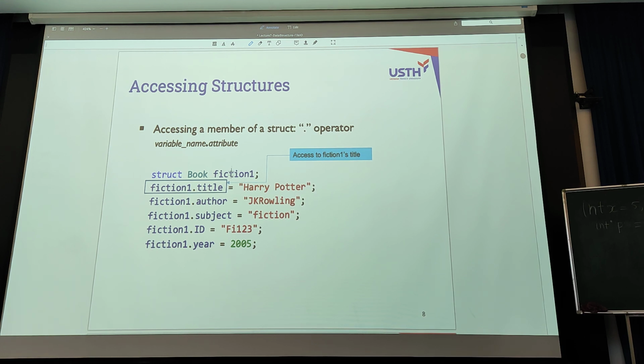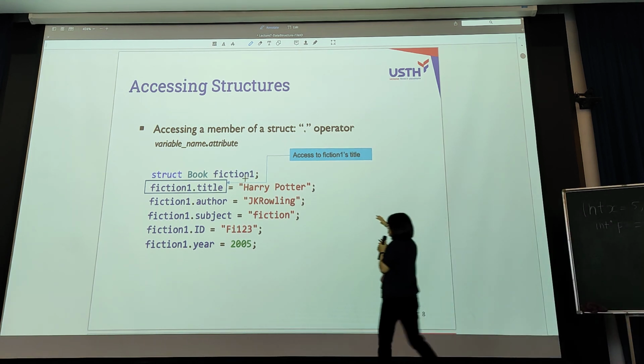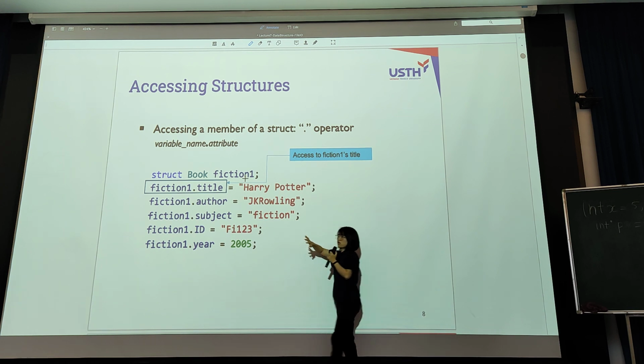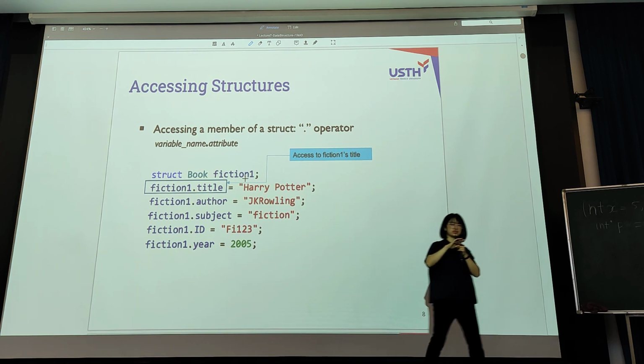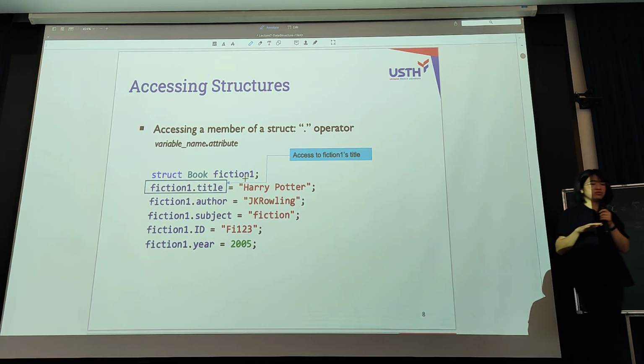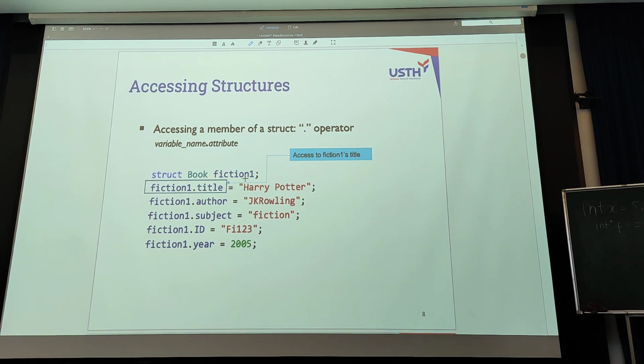And let's say you may want to access a member, either to initialize it, or you want to rewrite the value, reuse the structure, or you want to create a new object, a new variable that has the same struct.